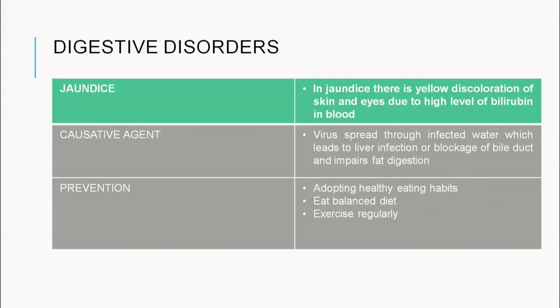Now, the last disorder is jaundice. In jaundice, there is yellow discoloration of the skin and eyes due to a high level of bilirubin in the blood.